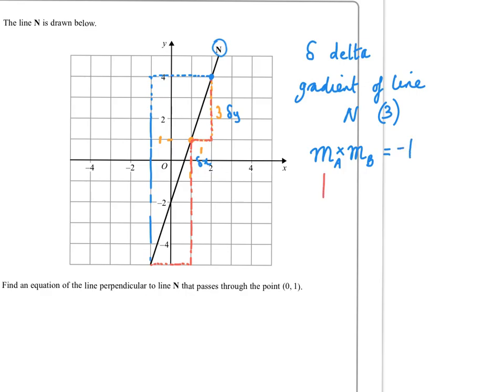That's if one line is perpendicular to the other. So if you have a line and you want one that's at right angles, if you know the gradient of one of the lines and you multiply it by the gradient of the one that's perpendicular to it, you would always get -1. So we know the gradient of n, and that is 3.